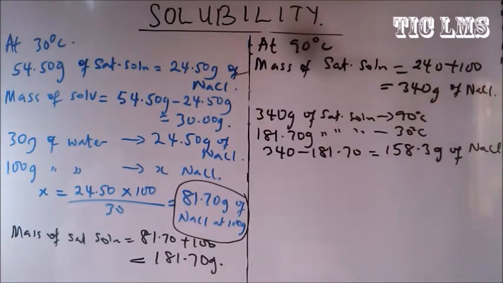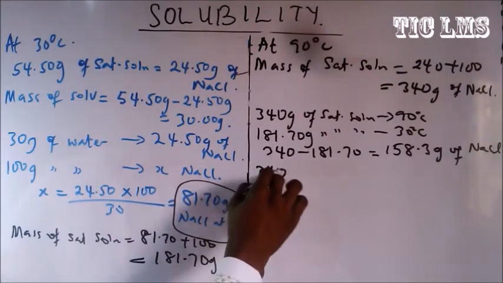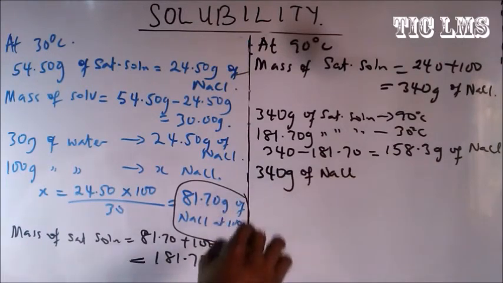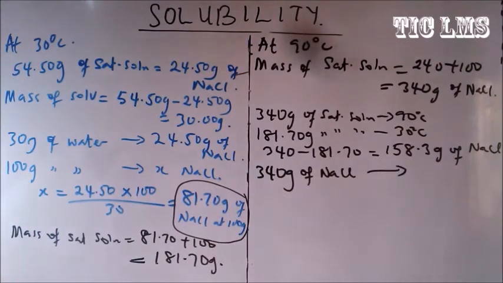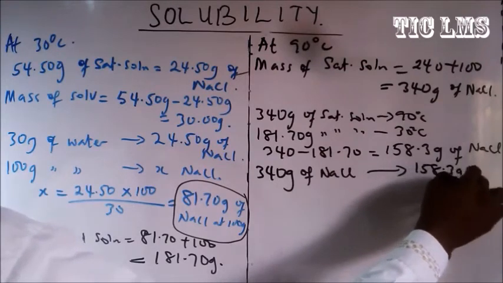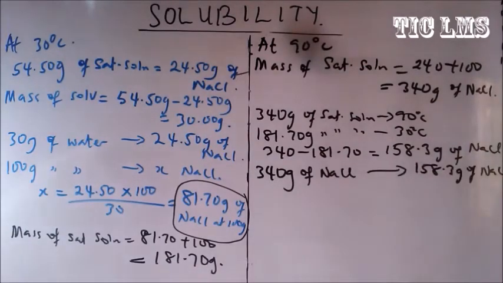So if we have 120 gram of the saturated solution at 90 degrees Celsius, what is the mass that will be precipitated out if it is cooled to 30 degrees Celsius? Now we have that when we had 340 gram of the saturated solution at 90 degrees Celsius, which was cooled to 30 degrees Celsius, 158.3 gram of salt is what precipitated out.